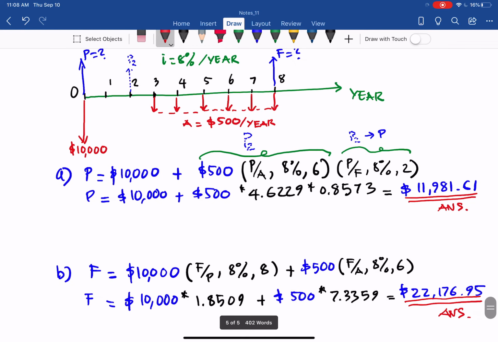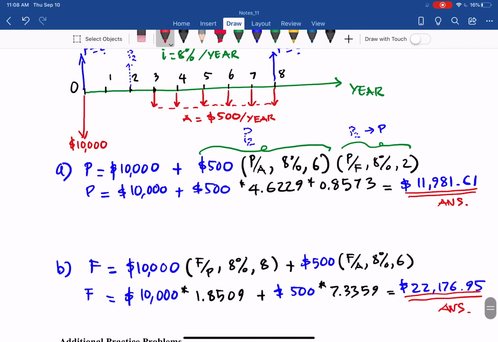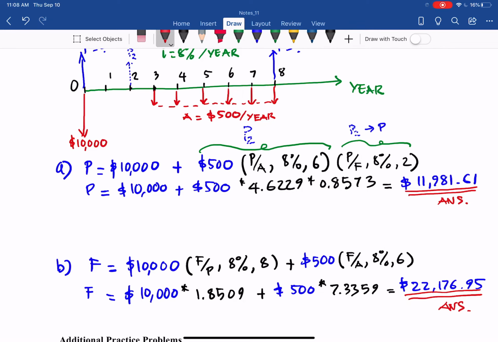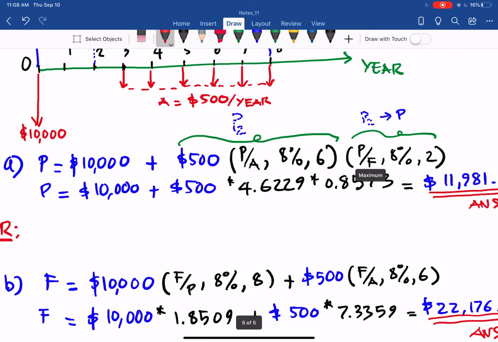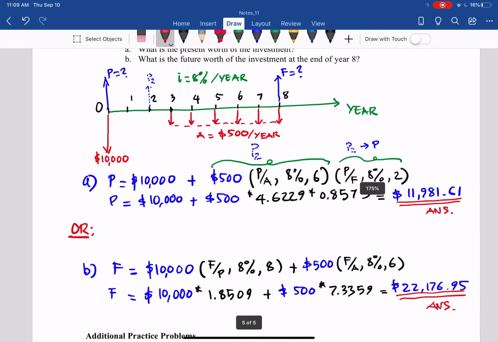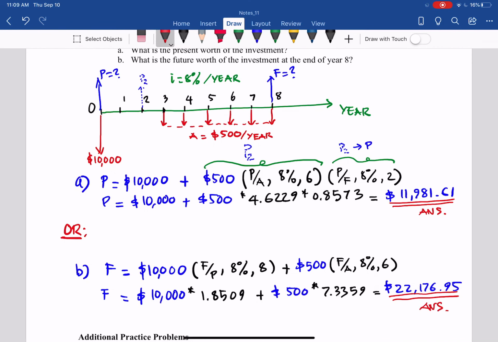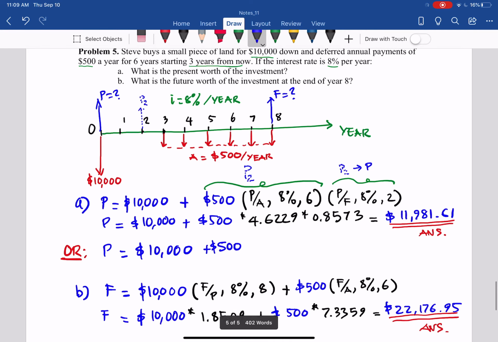Okay, so now let me go back to A. You see I left a blank in here. To find A, we have another alternative, and that's why I left it to show you. Instead of converting like this, which is a little bit tricky, we can do it like this. P, of course, 10,000, no change. Just the second part is tricky. 500. Now, instead of P over A, I bring that money to the future at year 8.